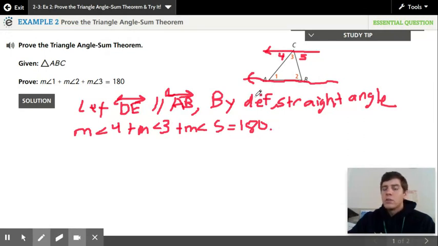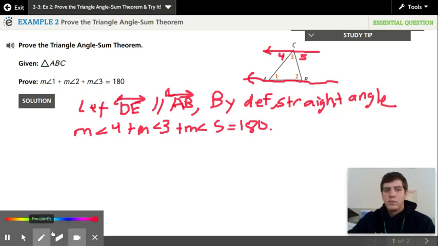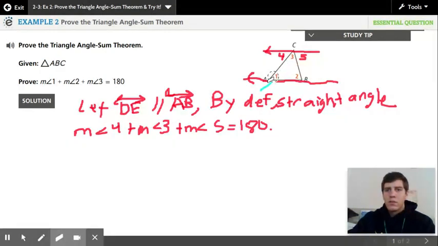We also notice that since our lines are parallel, we can use the alternate interior, alternate exterior, corresponding angle theorem, or same side interior angle theorem. Here we have some alternate interior angles. If AC is the transversal, then angle 1 and angle 4 are alternate interior angles.